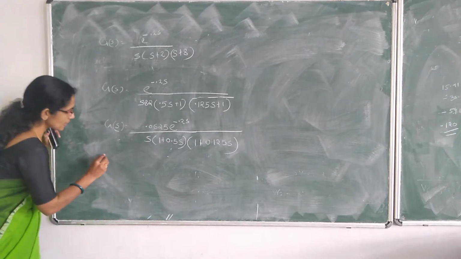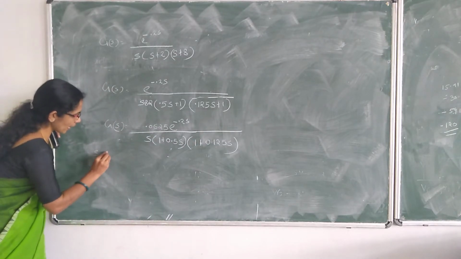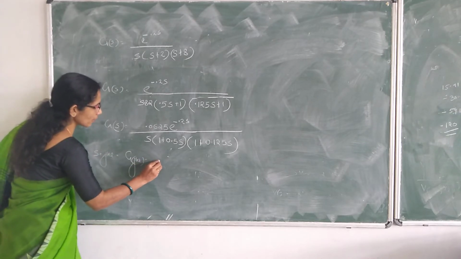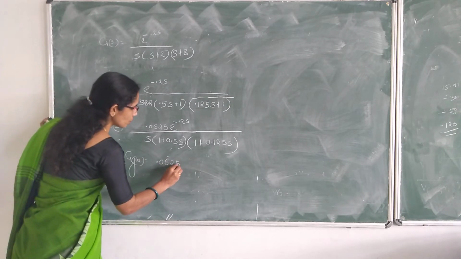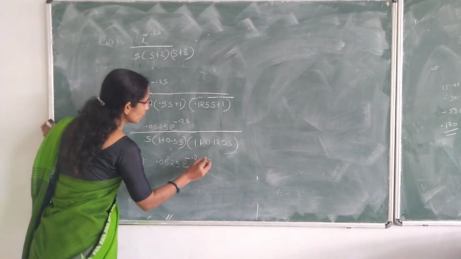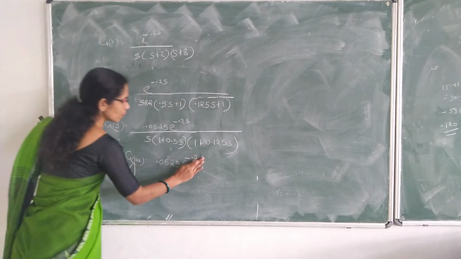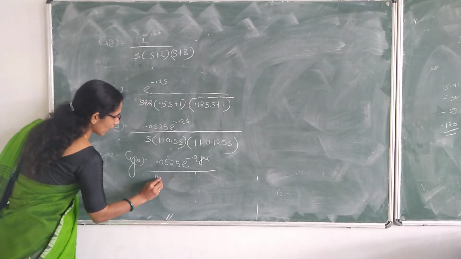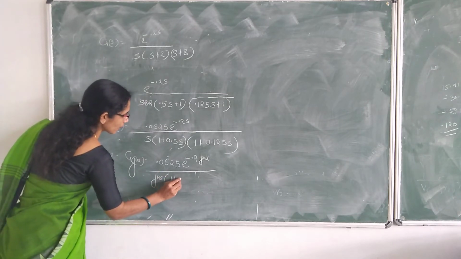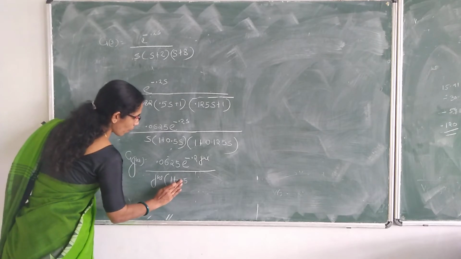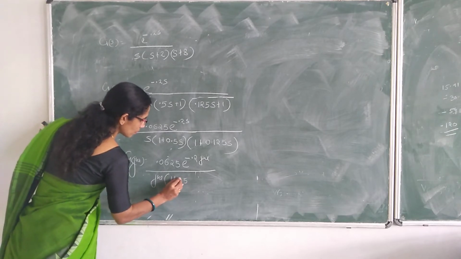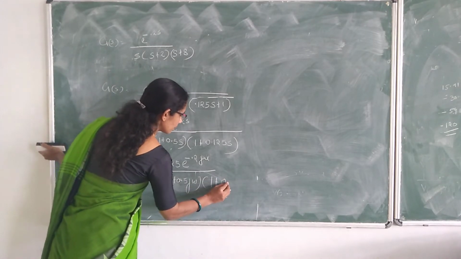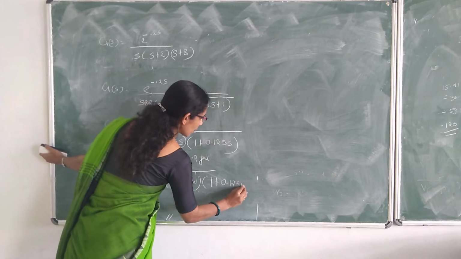Next, first step, substitute s equal to j omega. So g of j omega equals 0.0625 into e raised to minus 0.2 j omega divided by j omega into 1 plus 0.5 j omega into 1 plus 0.125 j omega.